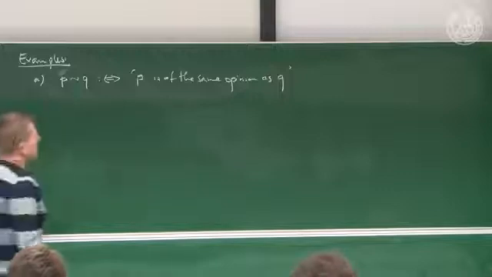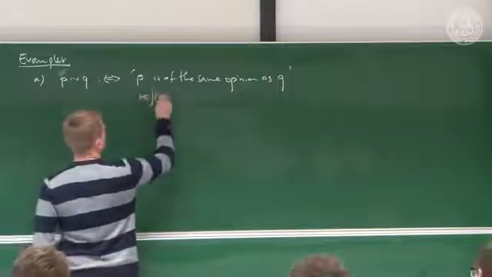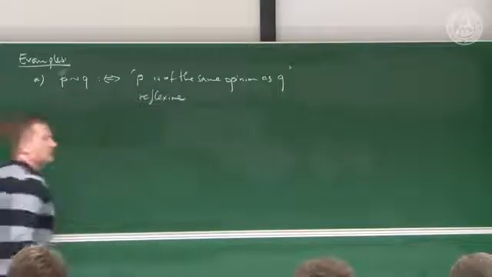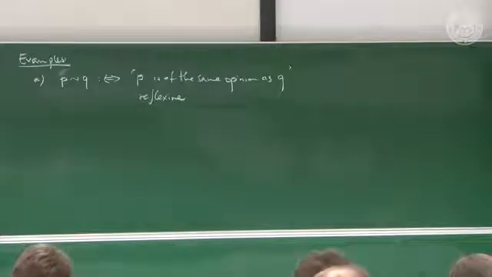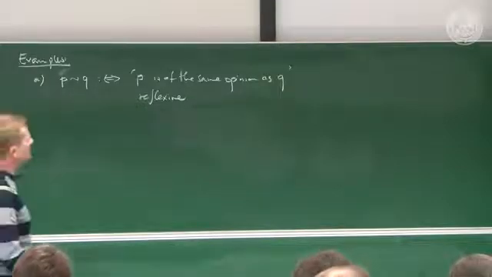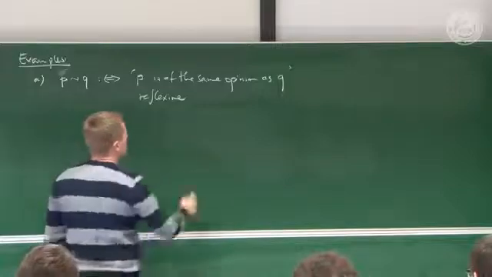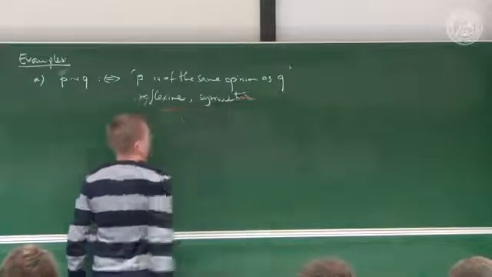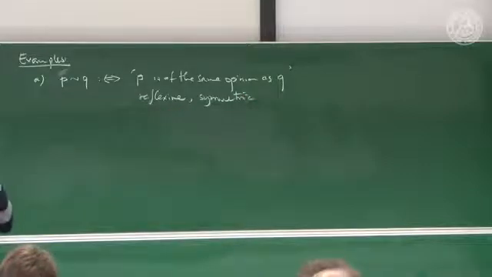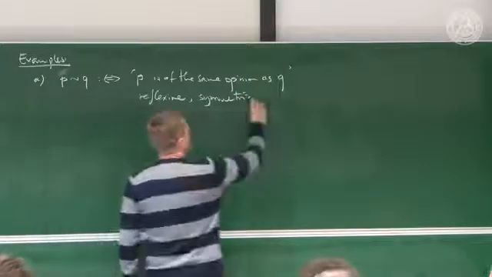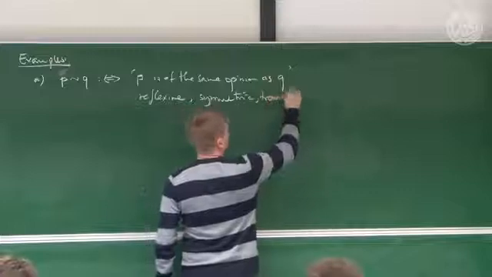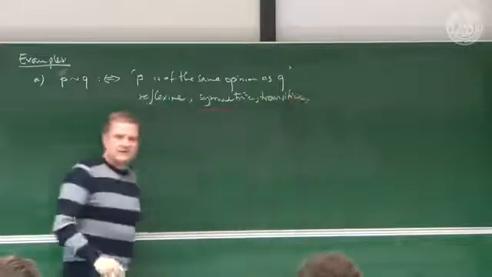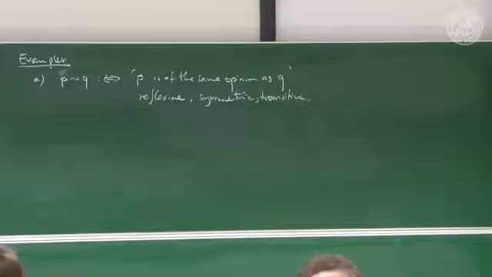Then it's clear this is reflexive. So let's say they are mentally sound human beings, okay, you have your own opinion. It's reflexive. It's also symmetric. If I agree with someone, then that person agrees with me. And it's also transitive. So if you wish, this is the basis for democracy. Okay.